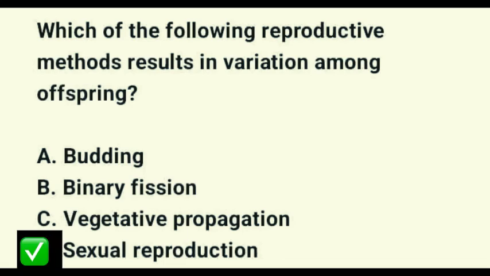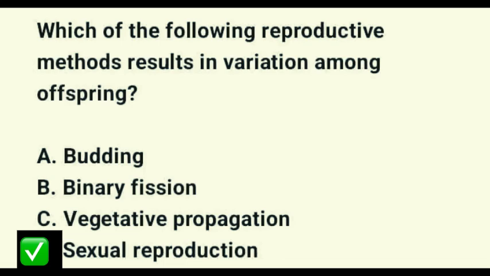Sexual reproduction involves the fusion of the male and female gametes, each contributing half of the genetic materials. This leads to genetic variation in offspring, which is important for survival and evolution. Option A, budding, is wrong because it produces identical offspring. Option B is also wrong. Binary fission is common in bacteria.